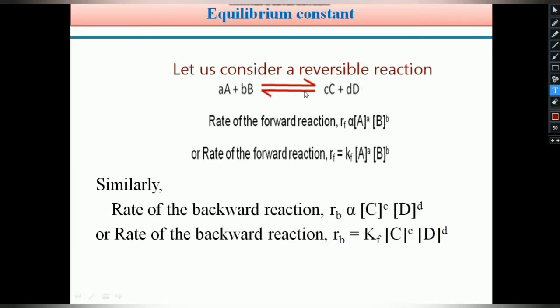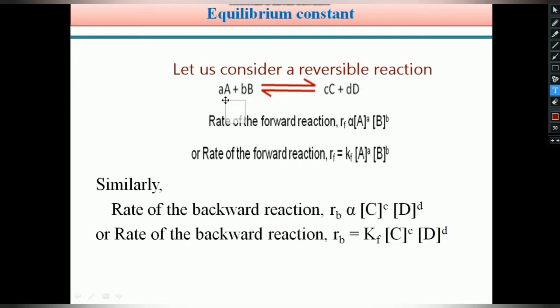Here, students, in this equation, small a and small b, similarly small c and small d, are the numerical coefficients of reactants A and B and products C and D. These are the numerical coefficients in a stoichiometrically balanced equation.